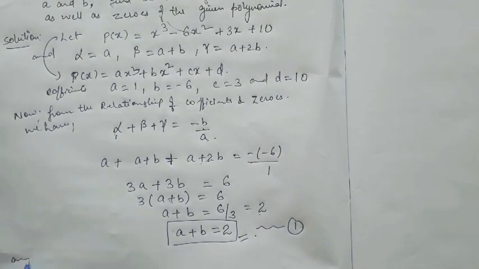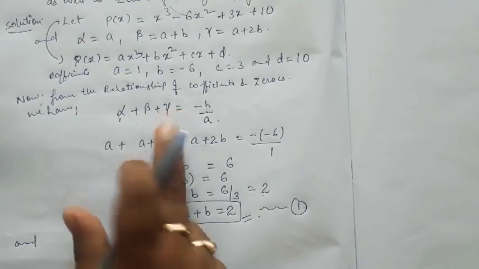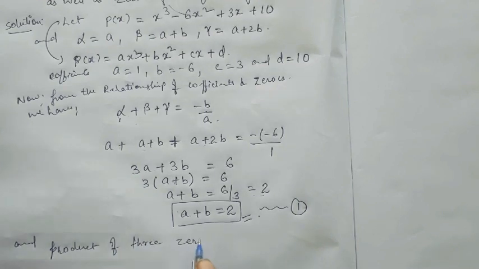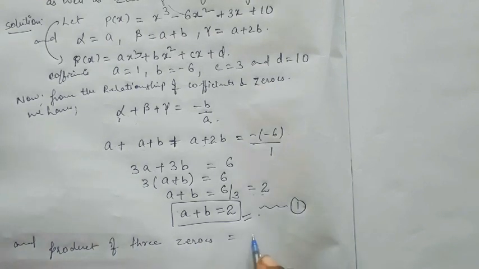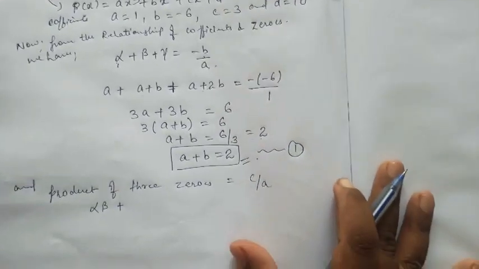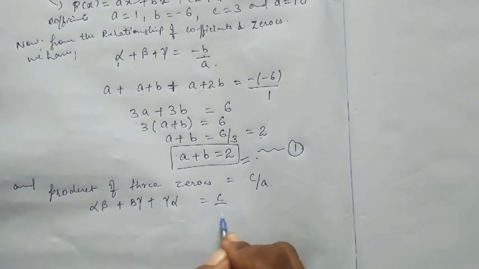Now the other relationship, after the sum of the zeros, is the product of the three zeros, which is equal to c by a. We can write alpha beta, beta gamma and gamma alpha is equal to c by a.